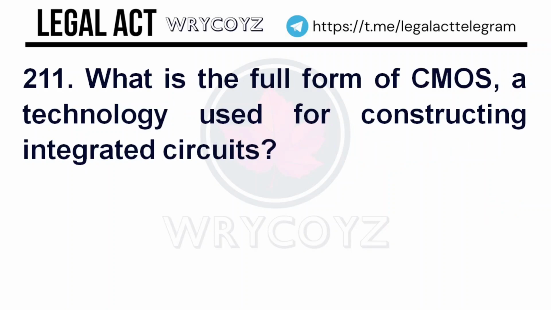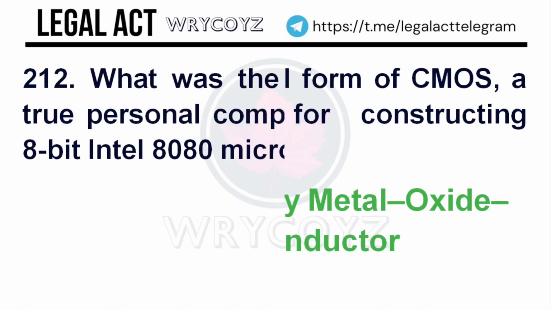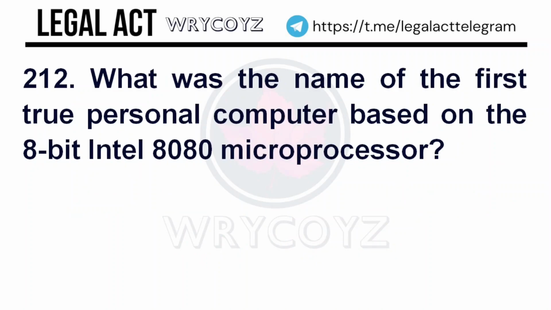211. What is the full form of CMOS, a technology used for constructing integrated circuits? The answer is complementary metal oxide semiconductor. 212. What was the name of the first true personal computer based on the 8-bit Intel 8080 microprocessor?